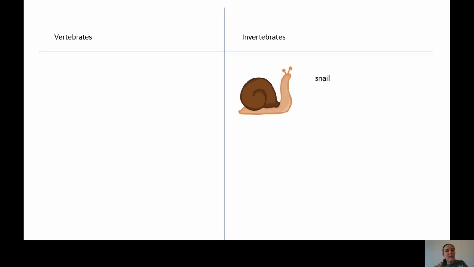So I drew a picture of the snail and then I wrote the word snail next to it. So for each animal of those 12, I would like you to draw a picture. You can colour it in, that would be amazing. And also write the name of the animal into your two columns, vertebrates and invertebrates.